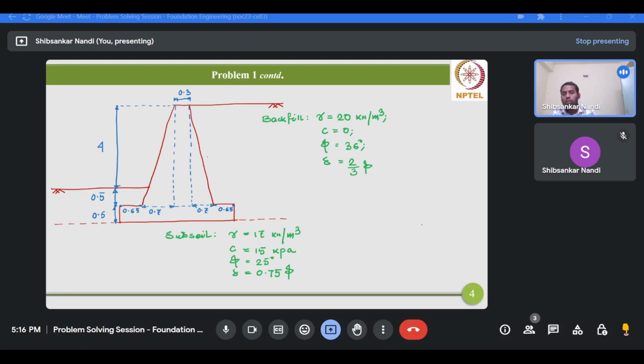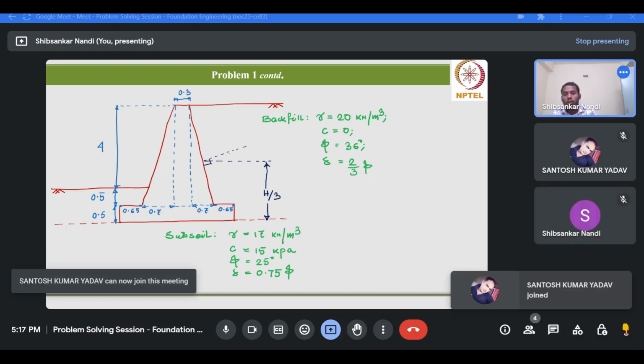Now, as per Coulomb's theory of earth pressure, the active earth pressure will basically act at a height of h by 3. So this height is basically h by 3, and this is the perpendicular to the wall face.